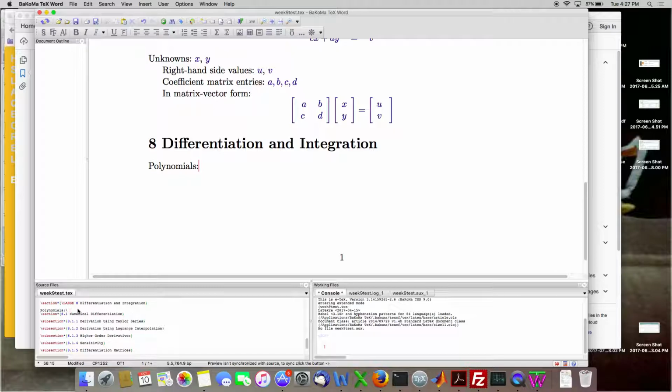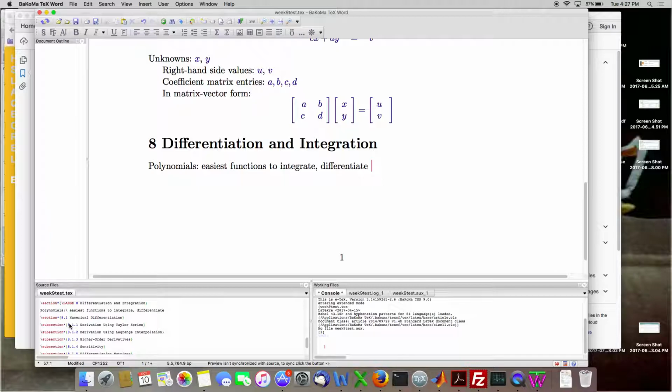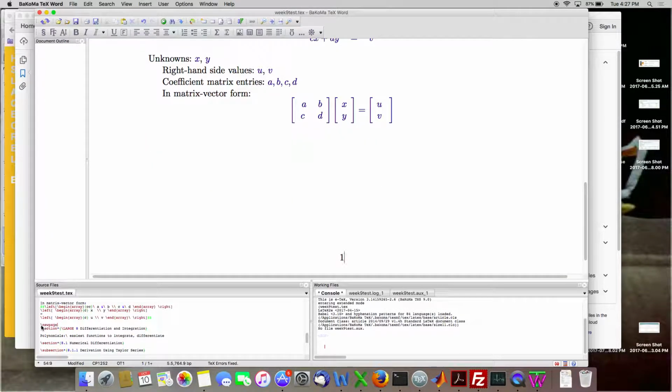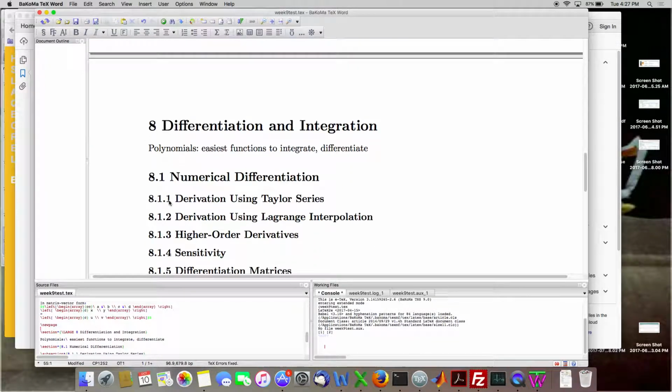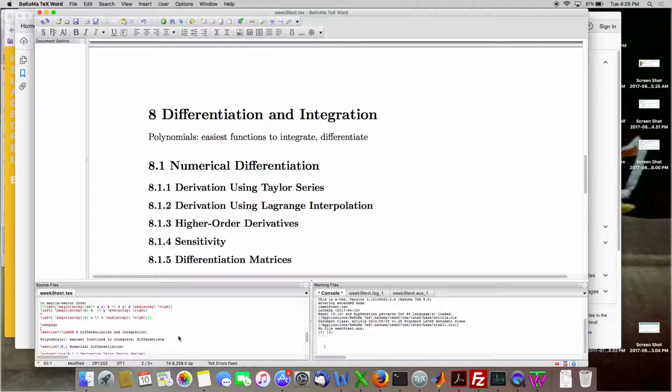Now, as you guys benefited from considerably in Cal 1 and 2, polynomials are by far the easiest functions to integrate and differentiate. I don't like having things split across pages, so I'm going to put this onto a new page. Okay. So this is one nice thing about these functions.